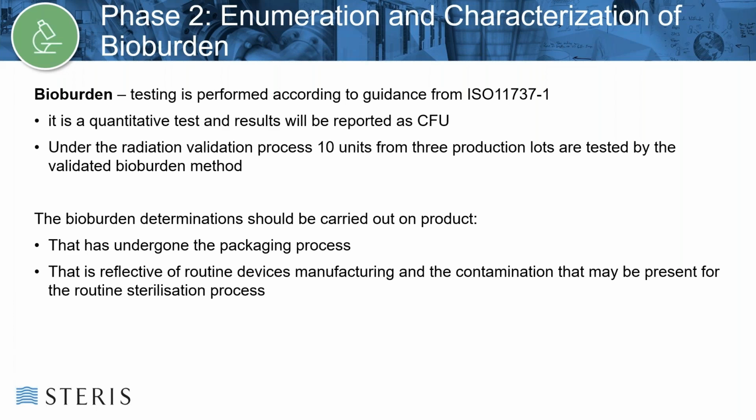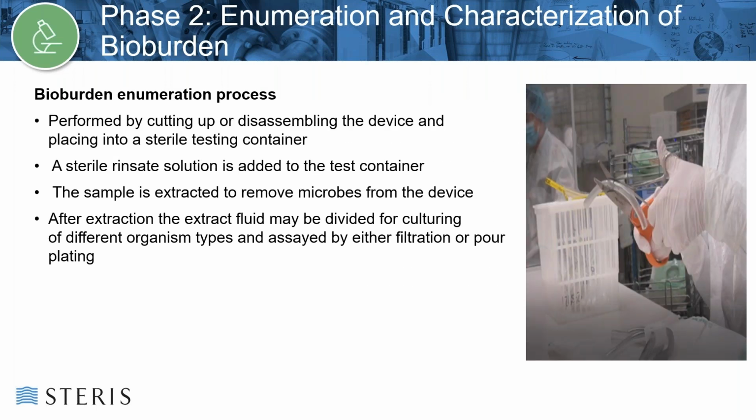The bioburden determinations should be carried out on product that has undergone the manufacturing through final packaging process. The product must also be reflective of routine devices manufacturing and the contamination that may be present for the routine sterilization process.